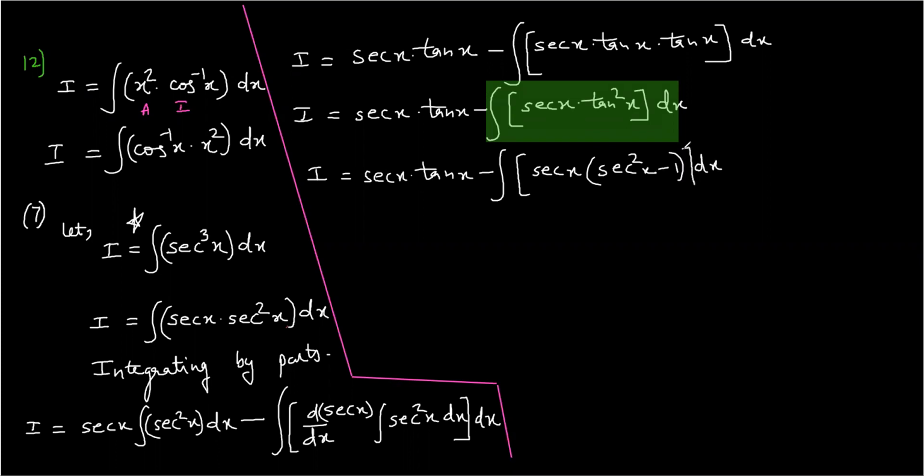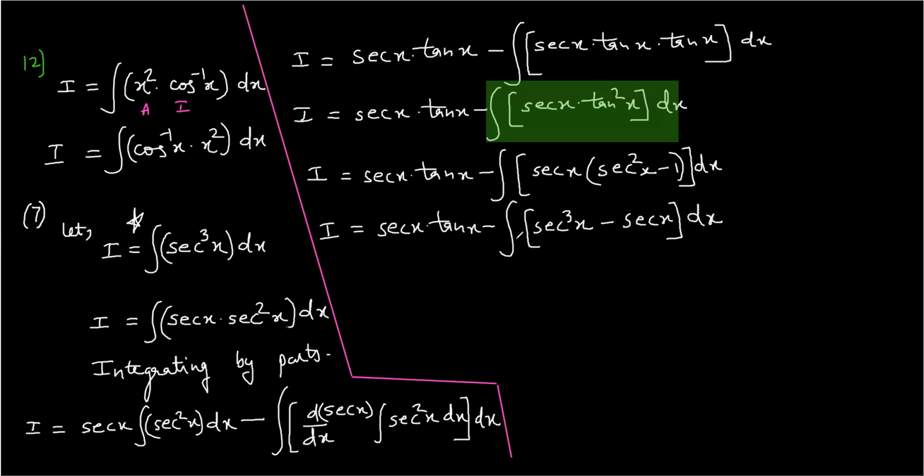Next step, I multiply sec x inside the bracket. So I get sec x tan x minus the integral of sec x into sec square x, which is sec cube x, minus sec x, dx.